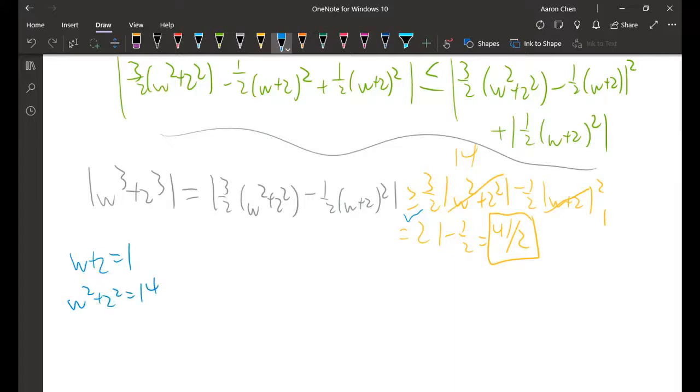And if we find any w, z that work for this case, which we should, because we can use imaginary numbers, complex numbers, then we can see that the magnitude of w cubed plus z cubed is simply just 41 divided by 2. So yeah, the answer is 41 divided by 2.